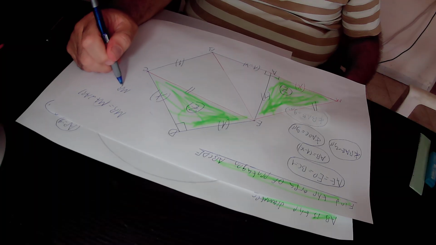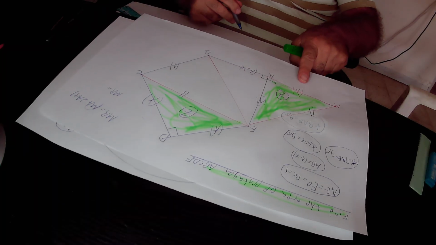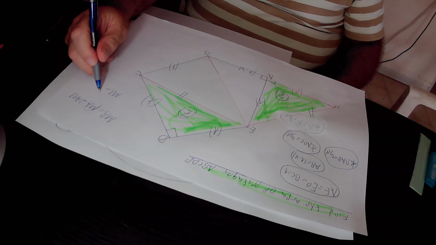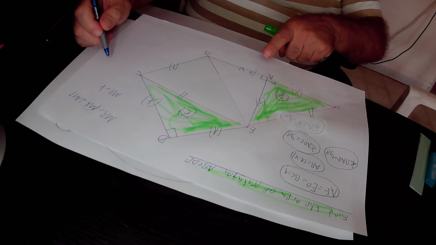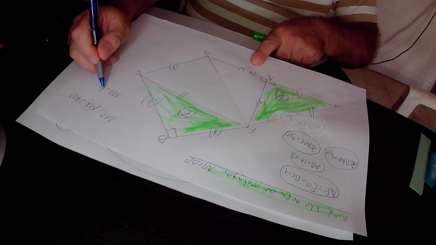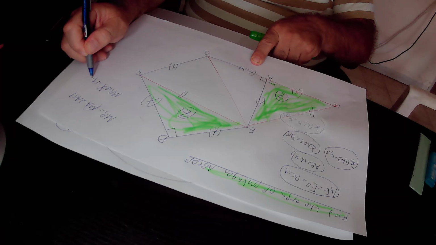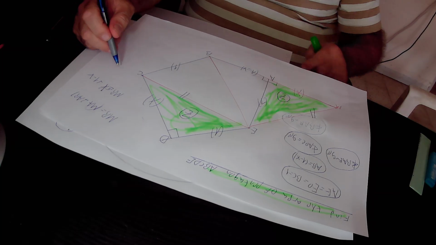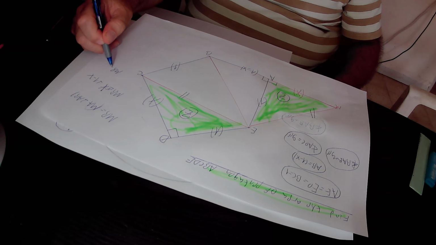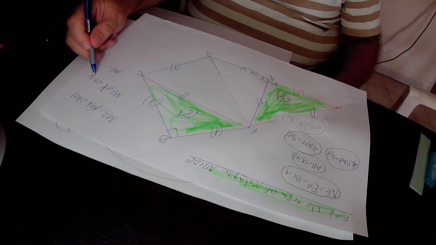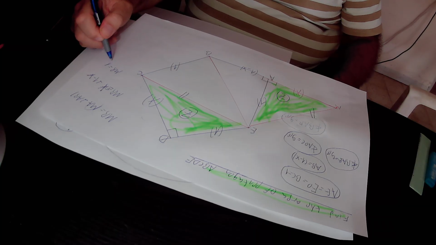So MB total equals MA plus AB. MA is X, plus AB, which is 1 minus X. So in total, MB equals X minus X, which is 0, so we only have 1 unit. MB equals 1 unit in its length.